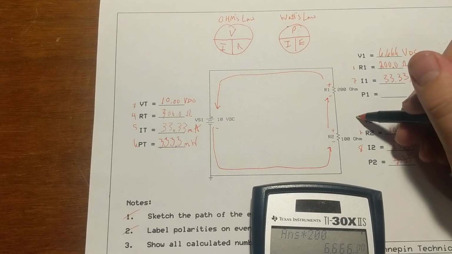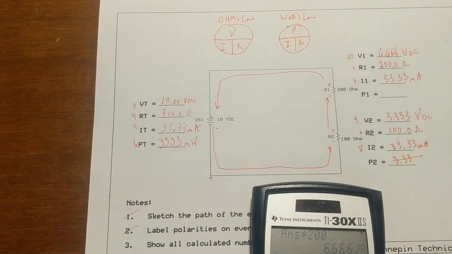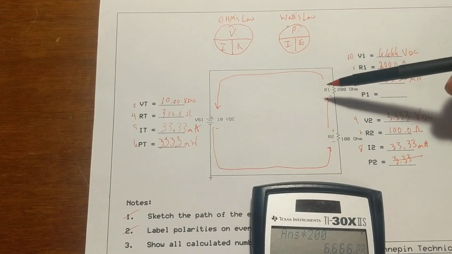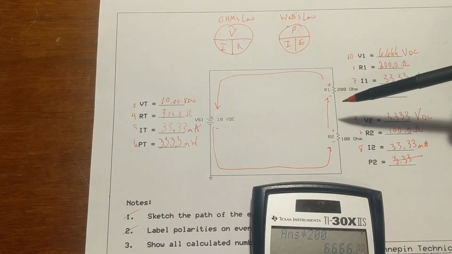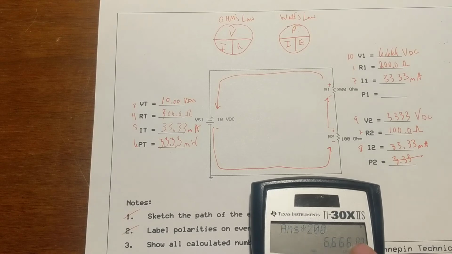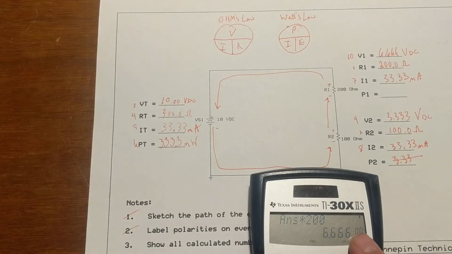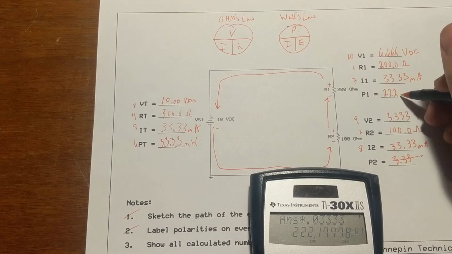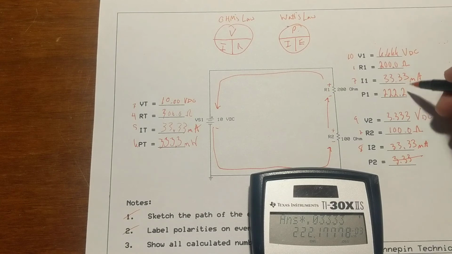And that was step 9 and 10. And I know again, because of Watt's law, my intensity times my energy, my amps times my volts, is going to give me my power. So I'm just going to leave 6.666 right on the calculator. I'm going to multiply that times 0.03333, and that gives me 222.2 milliwatts.